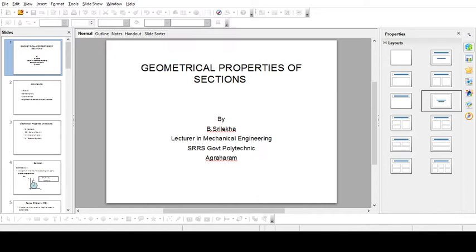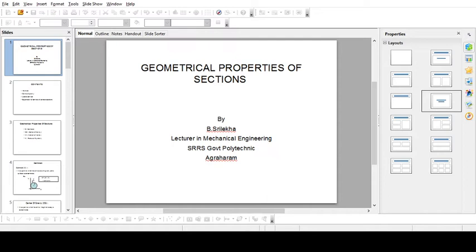Next, let us go for the centroid of the semicircle. For a semicircle, it is at a distance of 4r by 3 pi. The centroid of a semicircle is at a distance of 4r by 3 pi from its base.